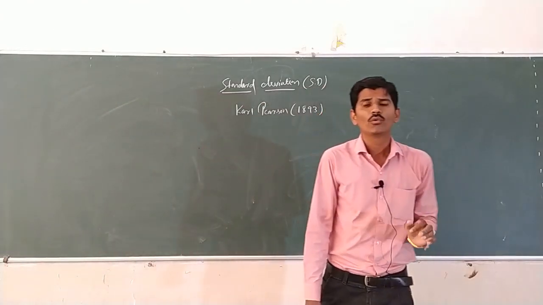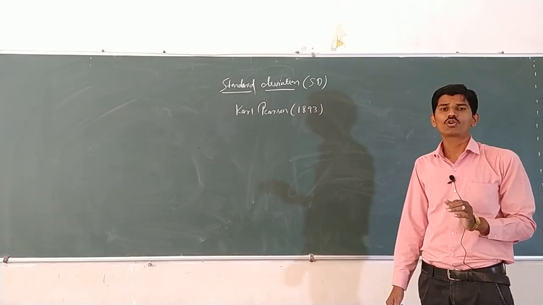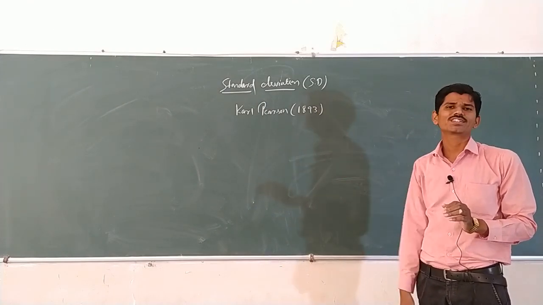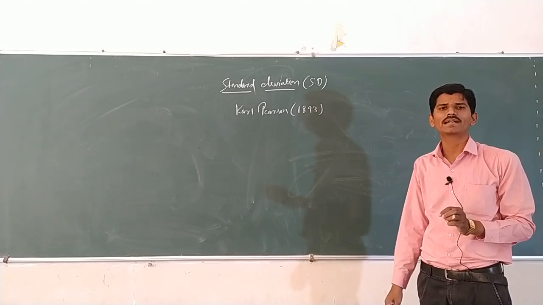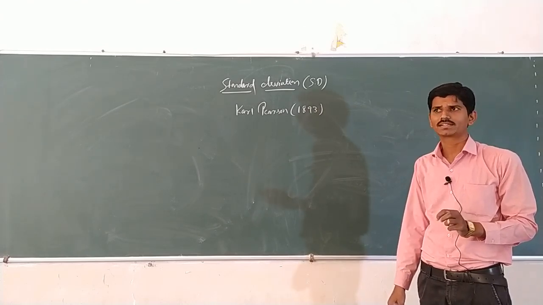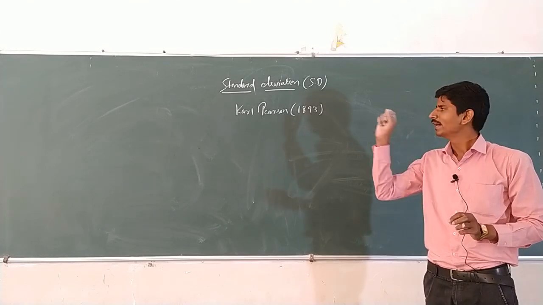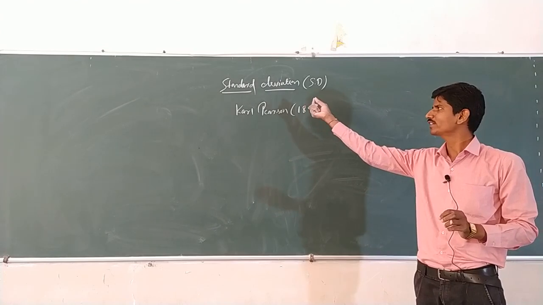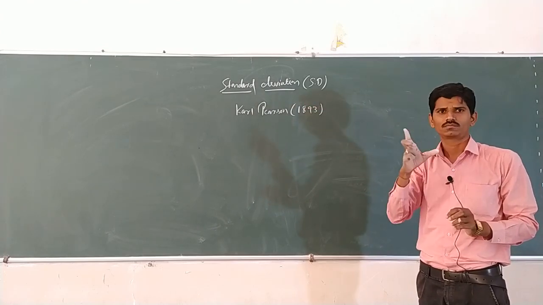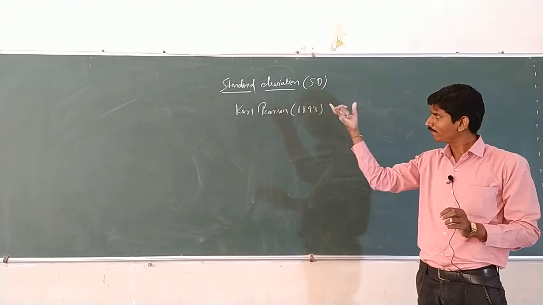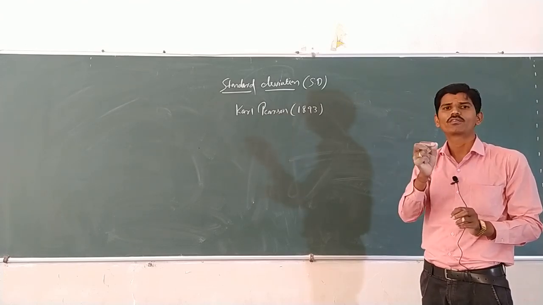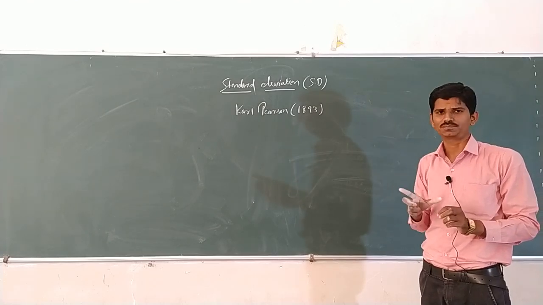Standard deviation is very important and most useful for variation or dispersion. It is the most important measure of dispersion. The name standard deviation: standard means good, accurate. The name indicates standard is good. It is a very important method of measuring the variation.